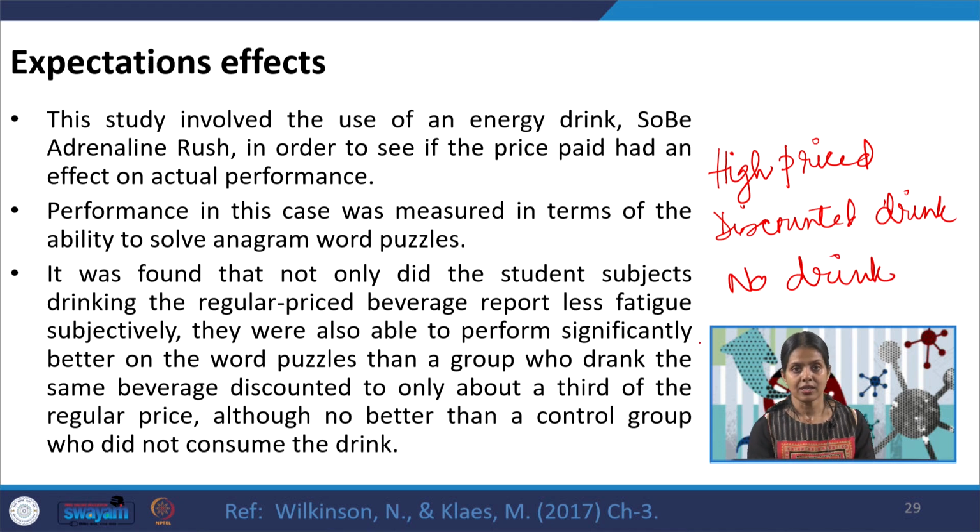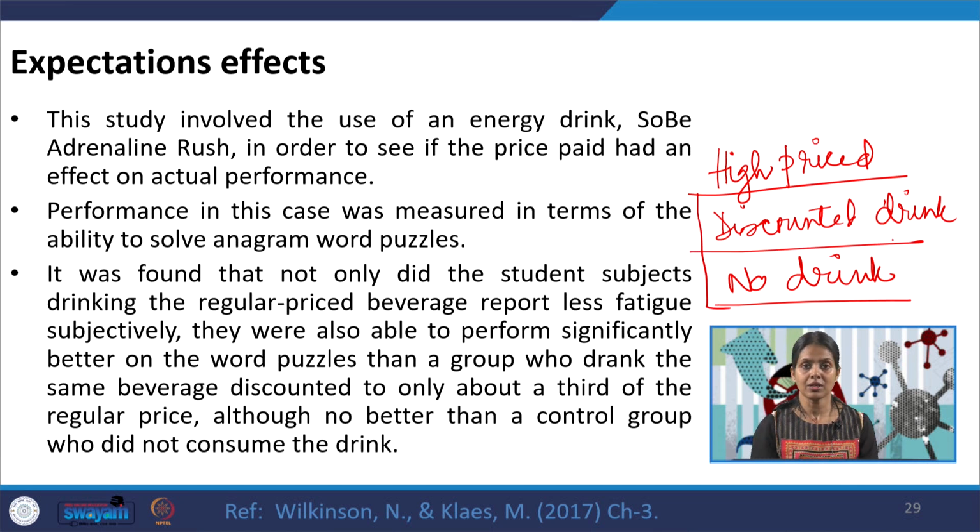Ideally, the drink is not supposed to or might not have much impact on the performance. So, the no drink and the regular priced drink groups had similar performances, but those who had the discounted drink had much lower performances. So, though it is the same drink for these 2 groups, it all depends to a large extent on expectations. That is all probably the authors wanted to establish, or the study could establish.